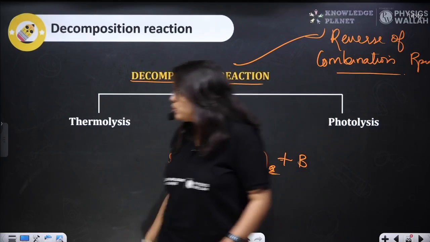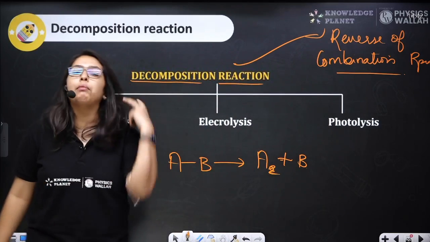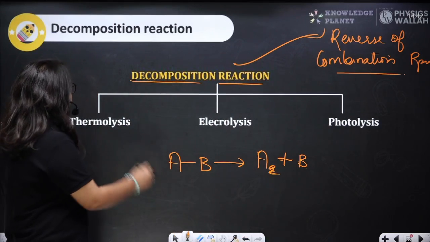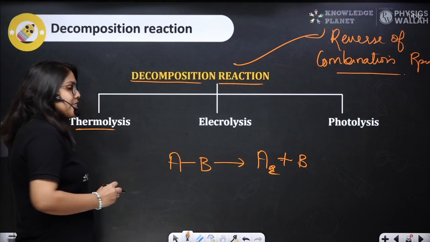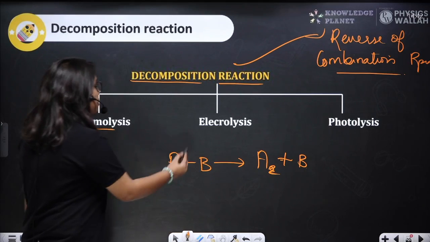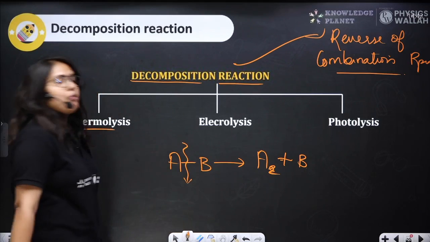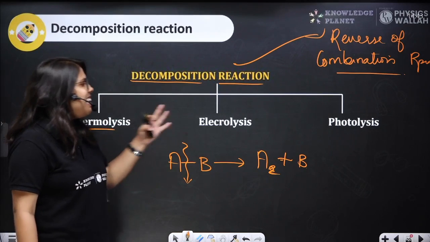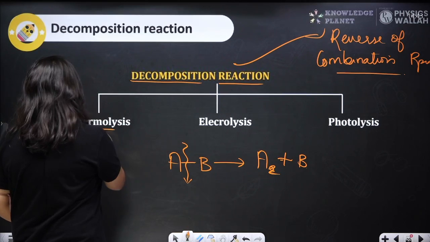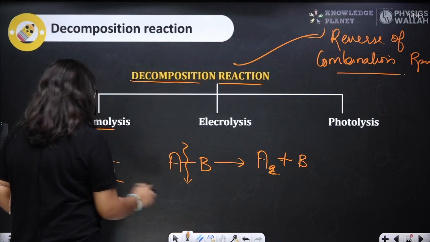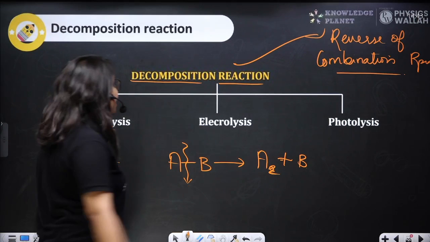So decomposition reactions are the reverse of combination reactions, and they are of three types. Thermolysis, electrolysis and photolysis. Lysis means breakdown, that is, breaking of bond is going to take place. In thermolysis, you use heat to break the bond, that is, heat is absorbed.